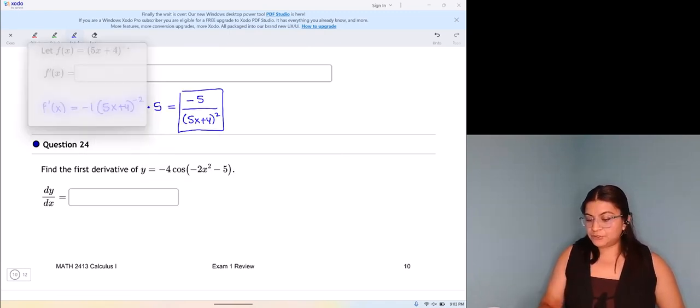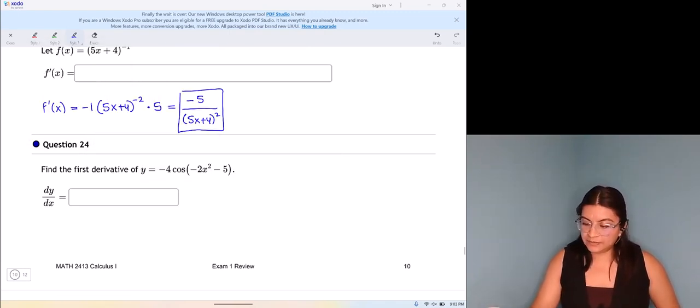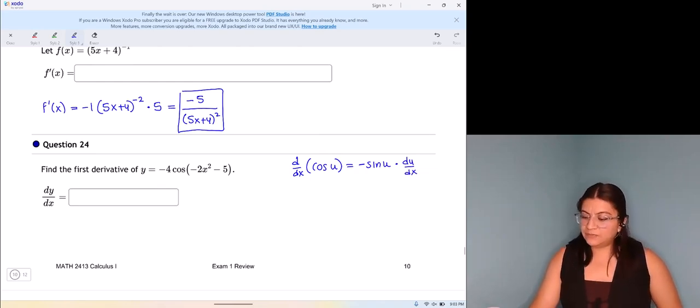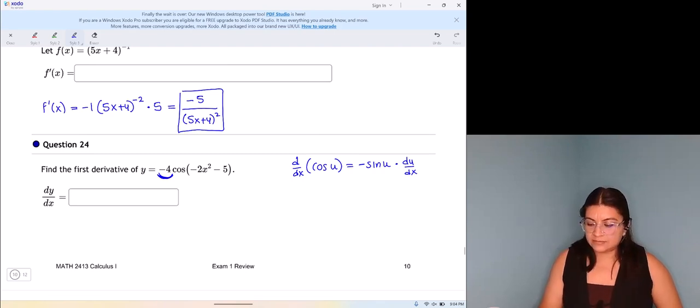Similar if you have trig functions, remember that the derivative with respect to x of cosine of u equals negative sine of u times du dx, times the derivative of the inside. So in this case, we have -4 times cosine of -2x squared minus 5. This is important. This here next to the cosine is a constant.